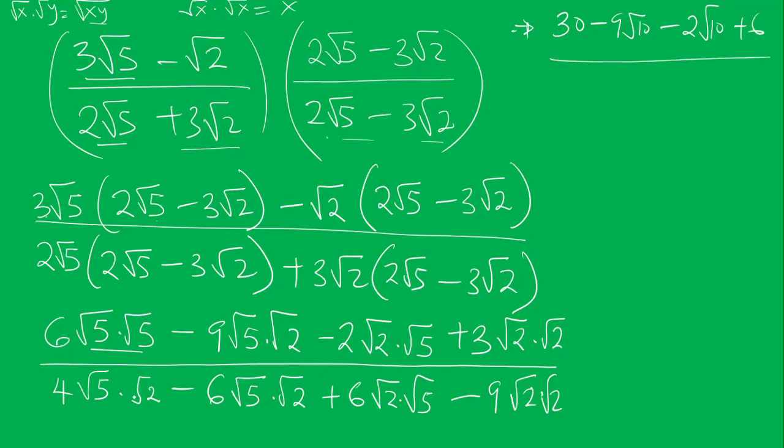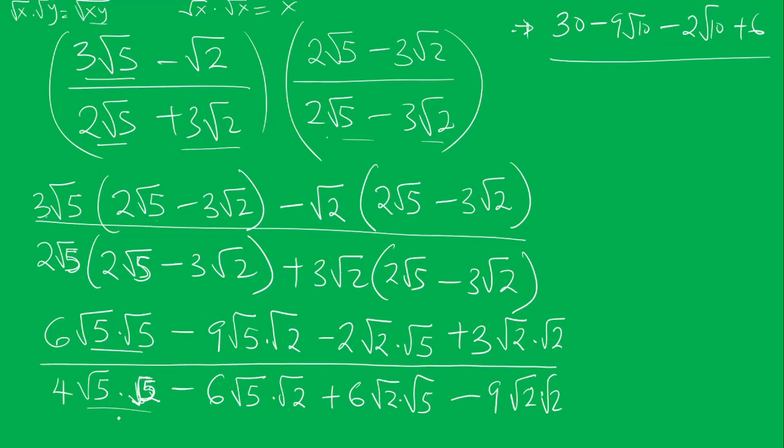Divide by, here now you have, oh, I made a mistake. This is 5, sorry. So 4 root 5 times root 5, and root 5 times root 5 will give you 5.